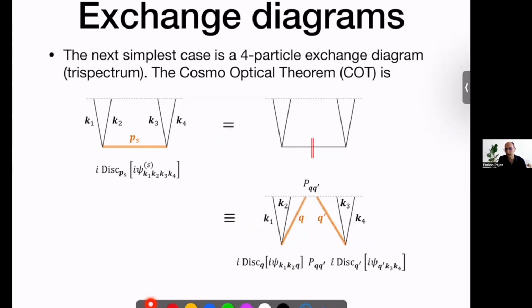And that fixes it, but always up to a contact. The contact has 0 discontinuity, so you can never fix that. It's the equivalent of what would be the boundary term in BCFW. If you have theories in which there is no boundary term, then you can fix the full thing. But generic theories do have these extra terms that are allowed.